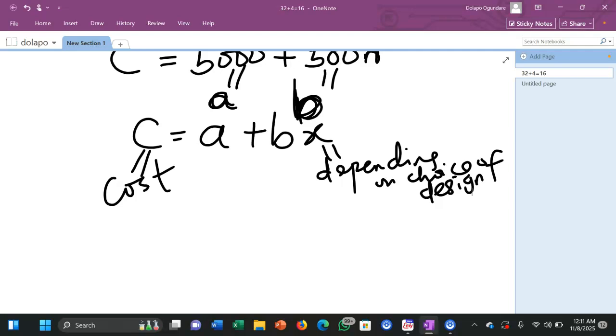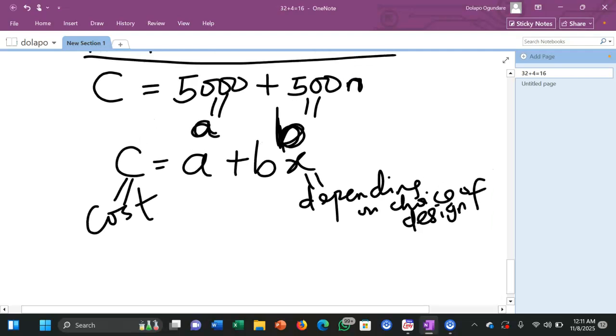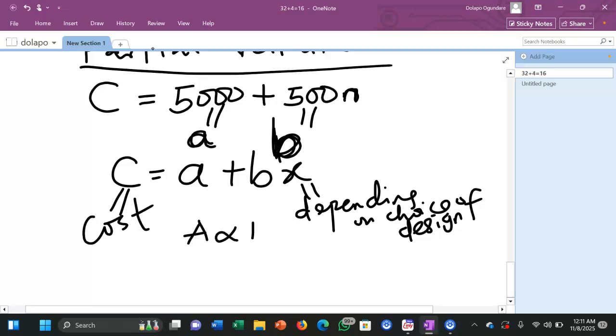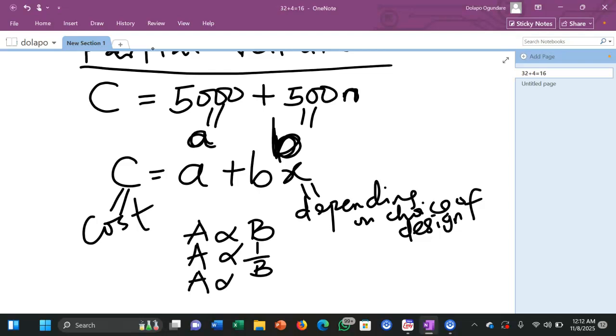Don't forget that previously we have said if it is direct variation, this is the symbol for direct variation. If it is inverse variation, we have something like this. If it is joint variation, we have more than two variables. It can be a joint and it can be a partial one.